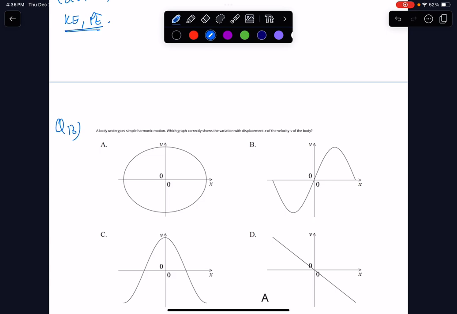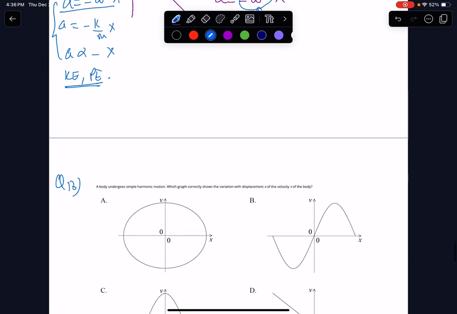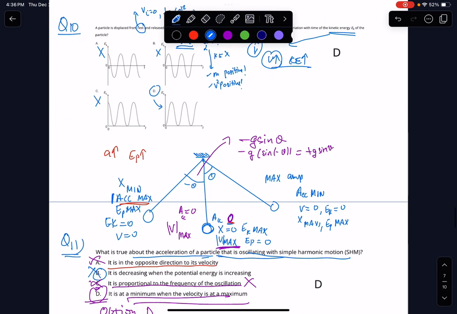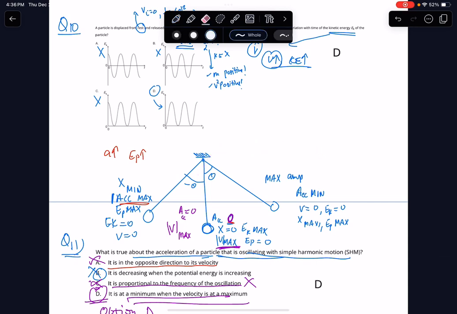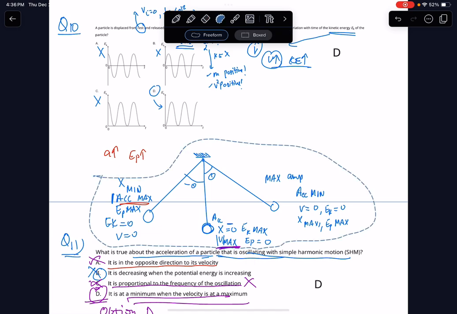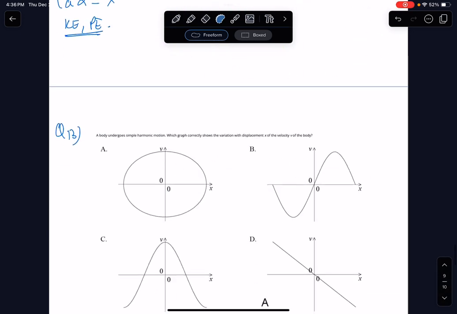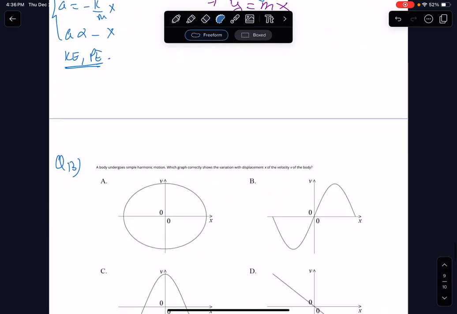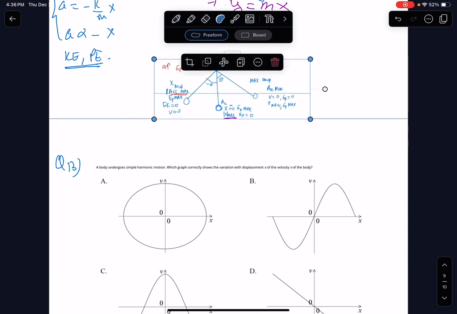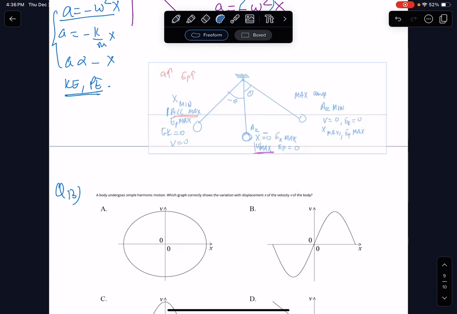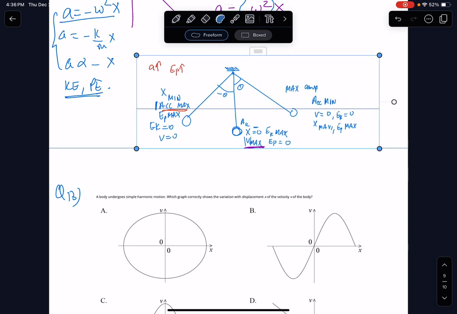Once again, we can draw the simple pendulum. This is a good diagram, so let's take this diagram. Once we get to this point, what we can clearly see over here is the following thing.